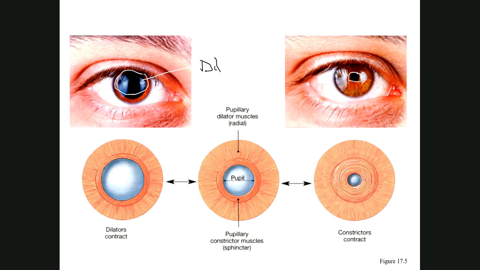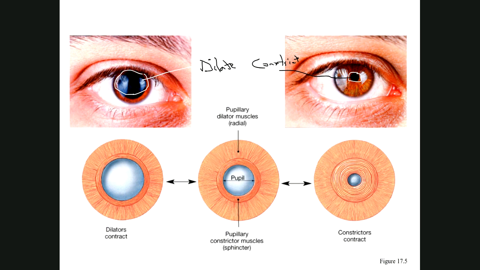So if you're in a low light situation, the pupils dilate so that more light can go in. But we can also close it up. We can constrict it. And that's to keep the light out. So if you're in a very, very bright situation, too much light, you can't see anything. And so we close it up.